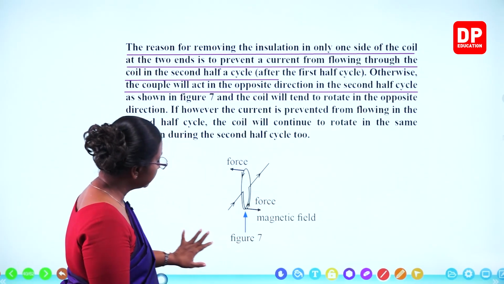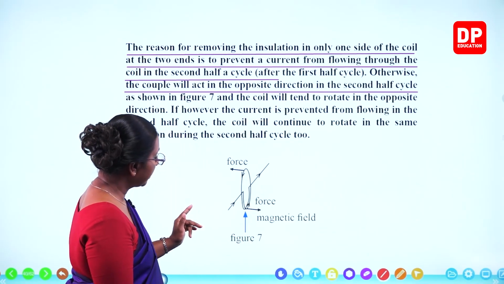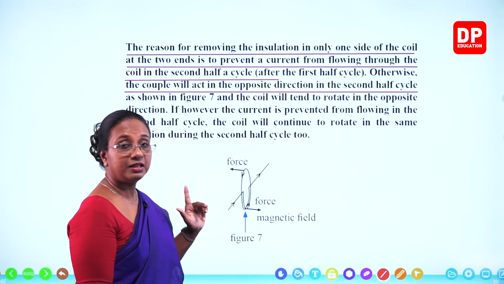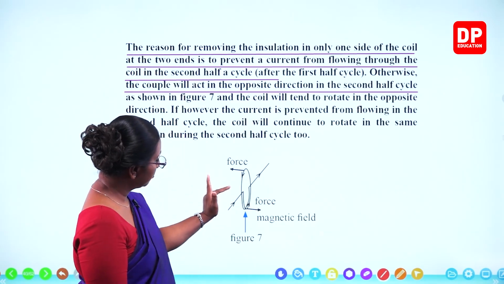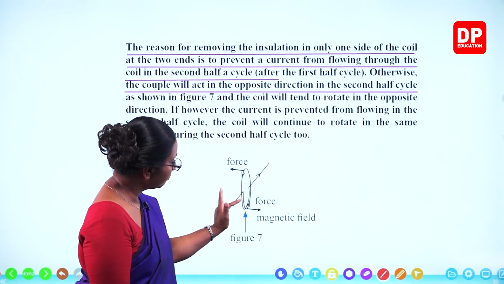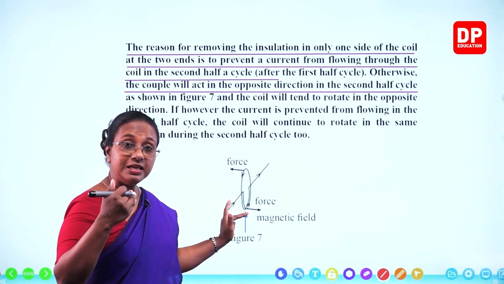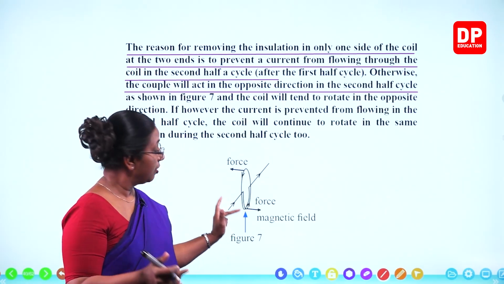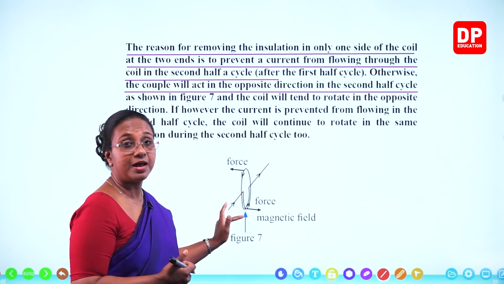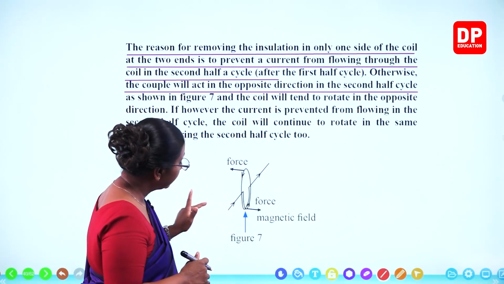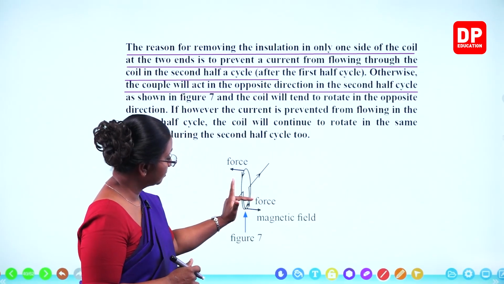So if you look at this diagram, figure 7, you can see, students, the current is flowing this way, still the magnetic field is upwards, current goes this way. But now, because the coil, like I explained in the diagram, coil B has come down. A part of the coil has come down. The way the winding is, what will happen? Current will flow this way.